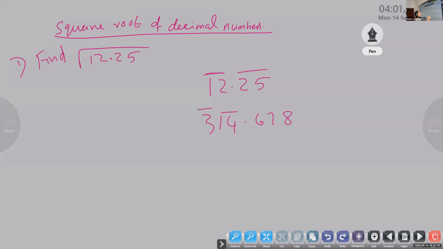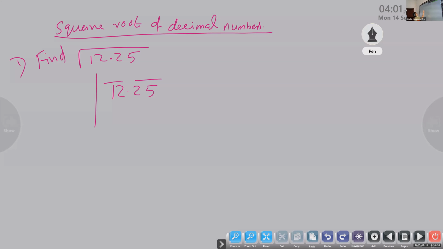But for the decimal part, we put bars from left to right: 6, 7 under one bar and 8 under the next bar. So here in 12.25, integer part right to left, decimal part left to right.